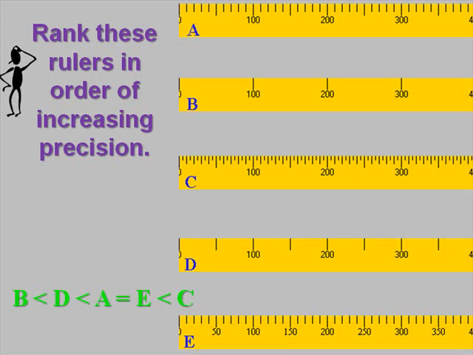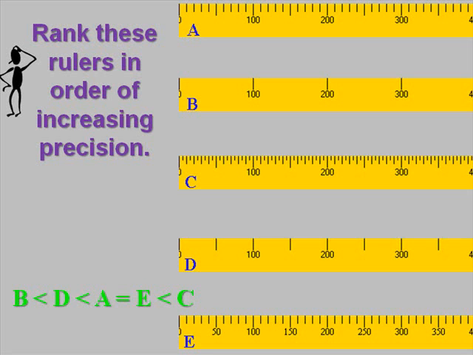Now if you change to different instruments, you get different degrees of precision. And what we mean by precision here is the degree that the increments can go. So if you rank these rulers, you will notice that B is the least precise because the intervals are in units of 100.